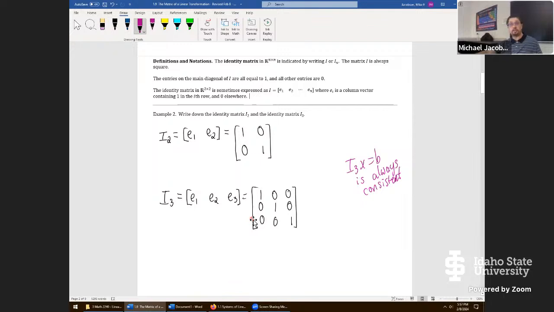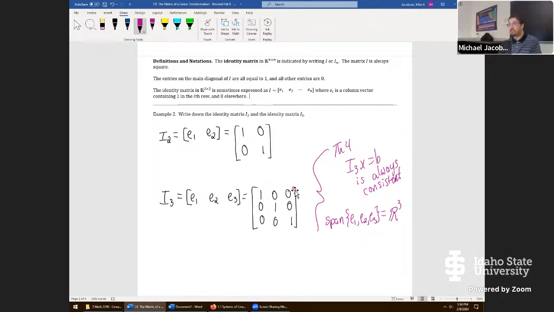If we have a pivot in every row, that's Theorem 4 telling us this is always consistent. The columns will also span R3. So we can say span of e1, e2, e3 is R3. And all this information from here to here, this is Theorem 4 working for us.